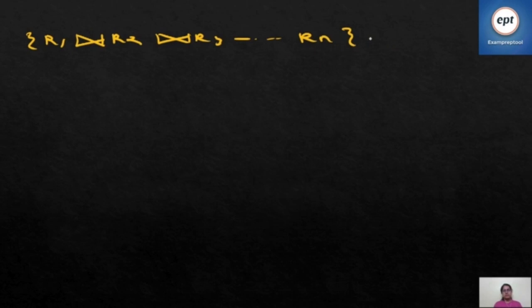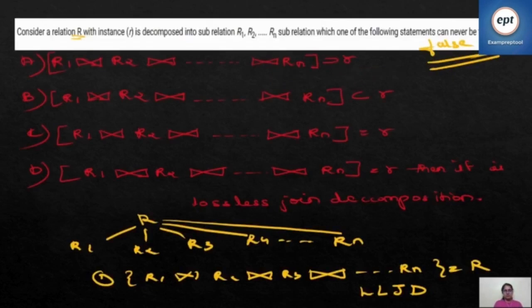That's why this can be greater than R, because of false selection. We can have extraneous values. So this is clearly possible, and in this case it will not be a lossless join decomposition. These are the two cases possible.